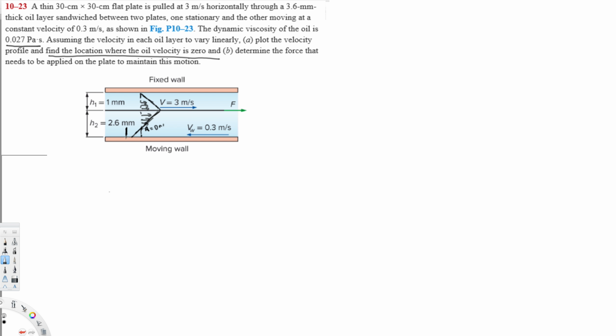So let's see how we can calculate this. Let's say this is the distance Y_A. What I can do is take a similar triangle to solve this problem.